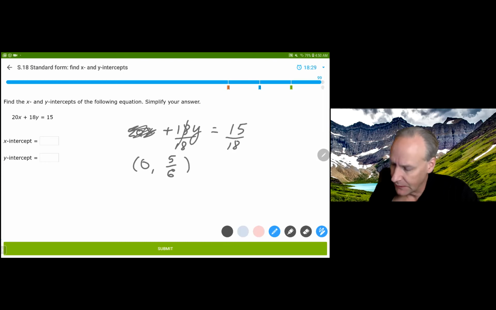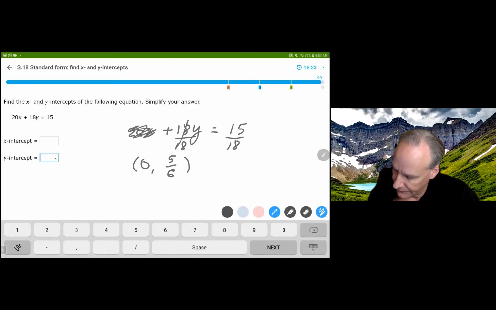Now the other one I want, and that's for my y-intercept, 5 over 6. Now for my x-intercept, I want to let y equal 0, and I'm going to divide by 20 on both sides, and I'm going to get 15 over 20. When I divide by 5, I get 3 over 4. And it's actually 3 over 4, 0, isn't it?